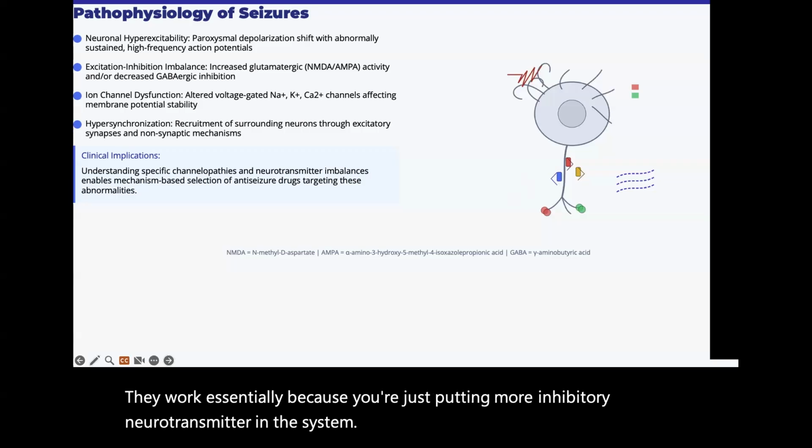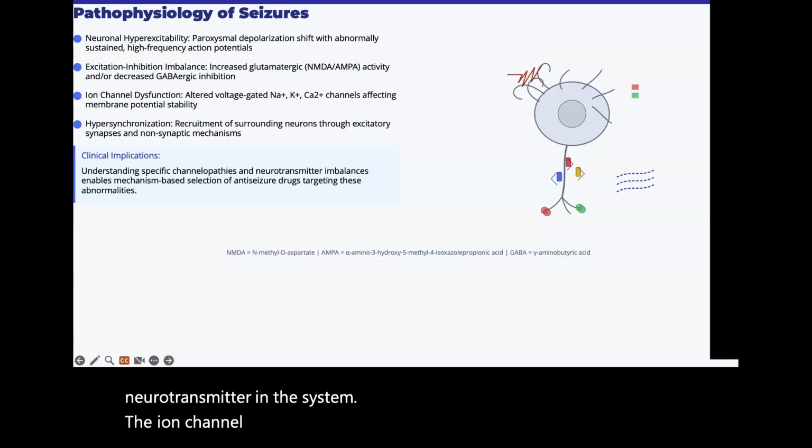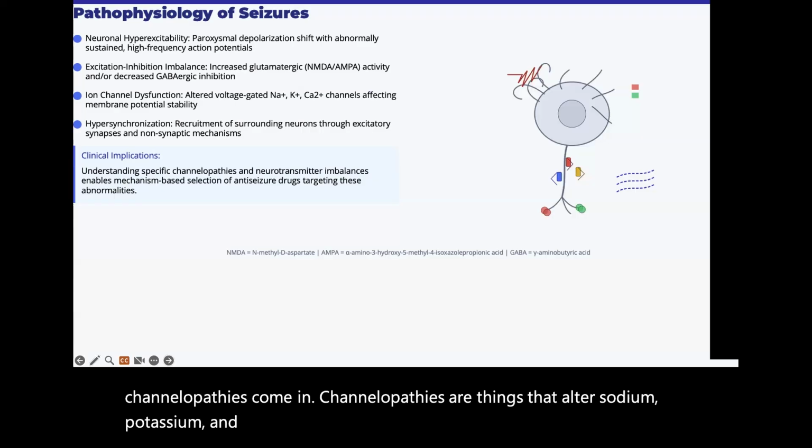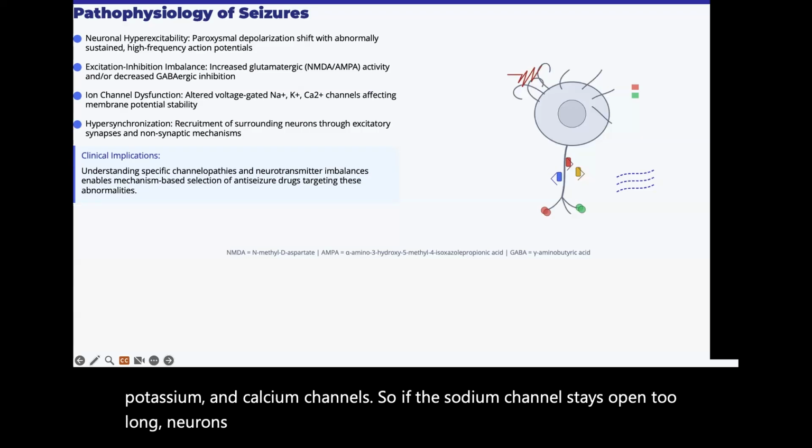The ion channel dysfunction is the third bucket. This is where what they call channelopathies come in. Channelopathies are things that alter sodium, potassium, and calcium channels. So if the sodium channel stays open too long, neurons will fire too easily.